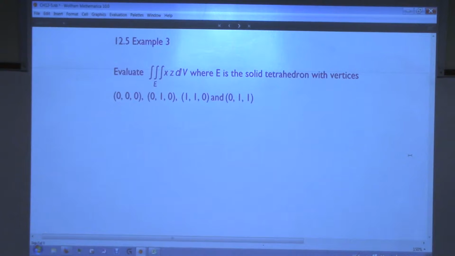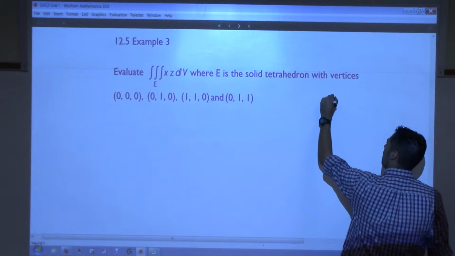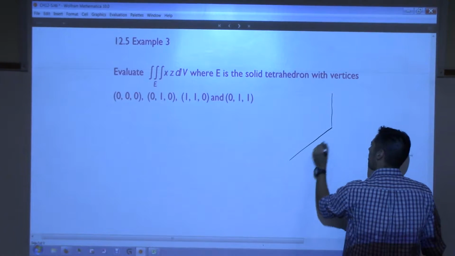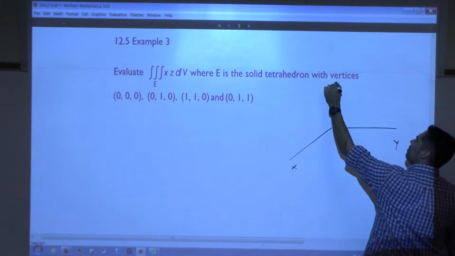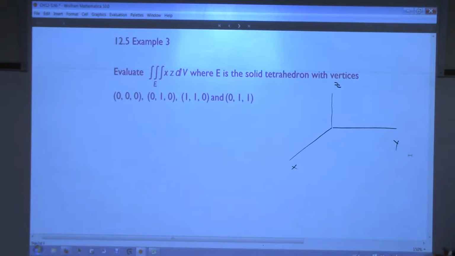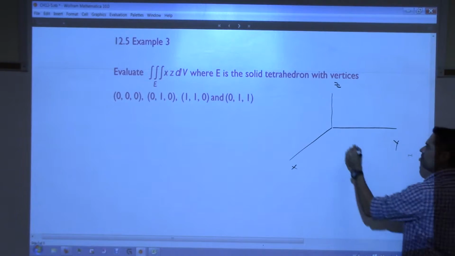The triple integral of xz dV, where E is the solid tetrahedron with these vertices. I think I should be able to draw that pretty easily. Let's see. X, Y, Z. Okay, the origin is one of the points.